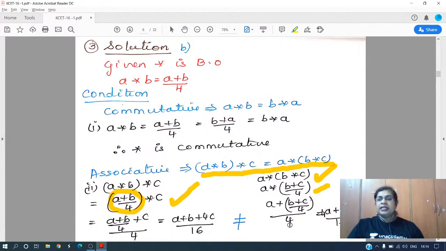So that is equal to (4A plus B plus C) whole divided by, that LCM will join the denominator, and so you are getting 16 in the denominator. Now observe this and this. Are they equal? No, they are not equal. So what can you prove? You have proved that for the given question, the binary operation is commutative, but it is not associative.